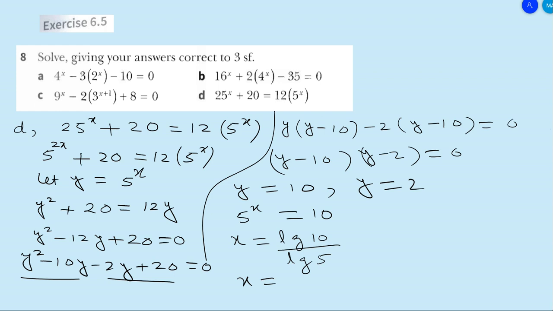So log 10 divided by log 5 is 1.43. Similarly, y equals 2, y is 5 to the power x.